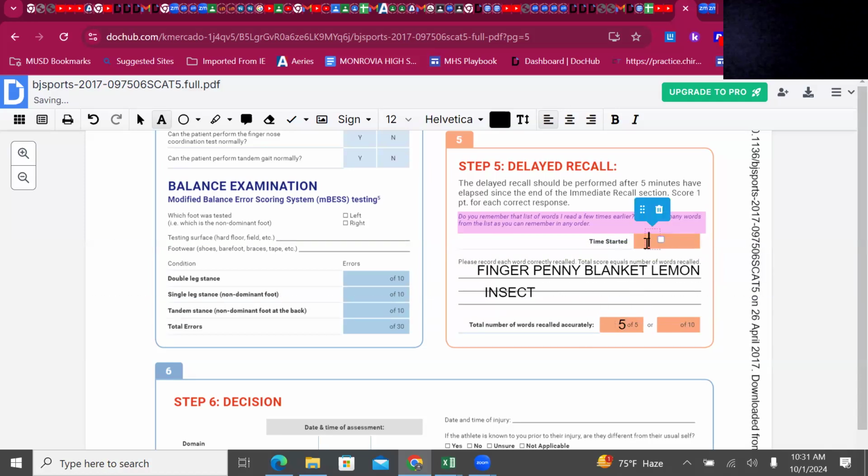The time started would be whatever time you did it at. So let's say it's 10:30. You don't have to worry about the time right now, but you would put that in, and then that would be your delayed recall. So if they were only able to recall 2 words, you would just write down the 2 words, and then you would put down 2 out of 5.